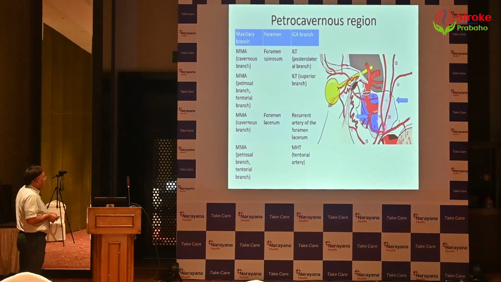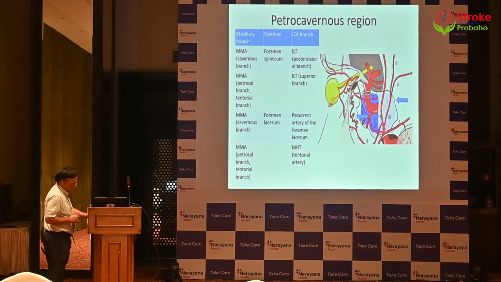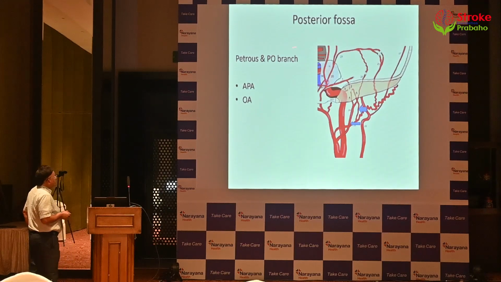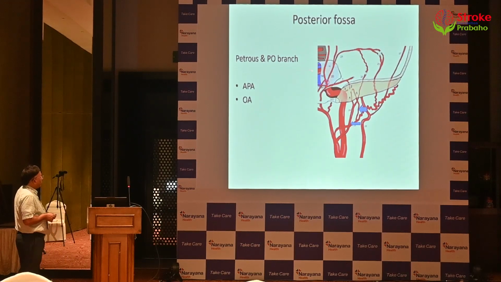Then this is the middle meningeal artery, petrocavernous segment, and it mainly communicates with the inferior lateral trunk, but it also has anastomosis with the meningohypophyseal trunk. Then the posterior fossa, the petrosquamous and parieto-occipital branch.